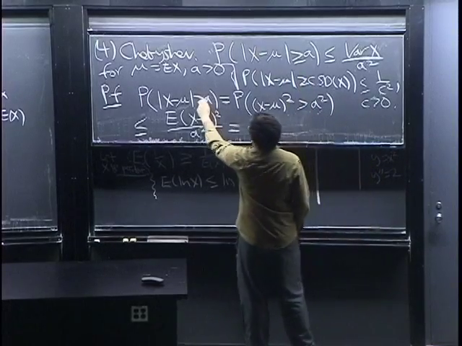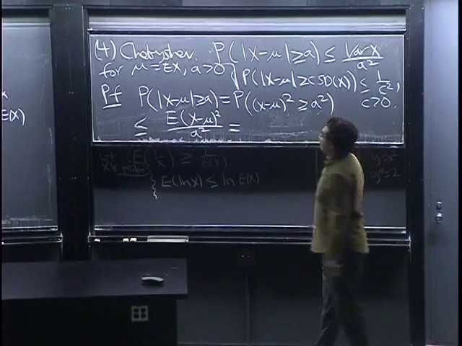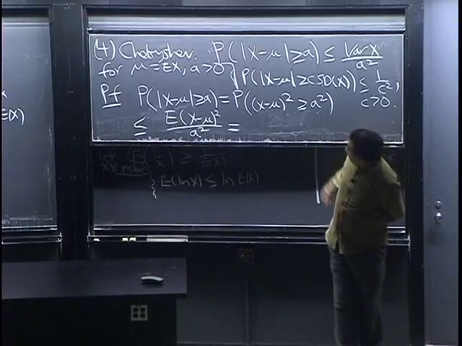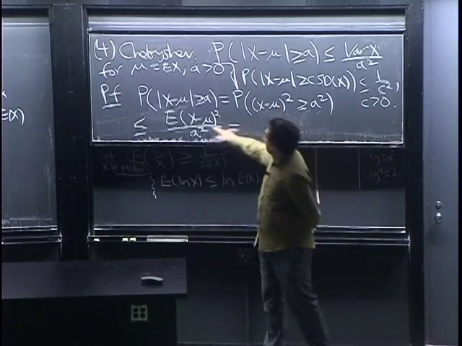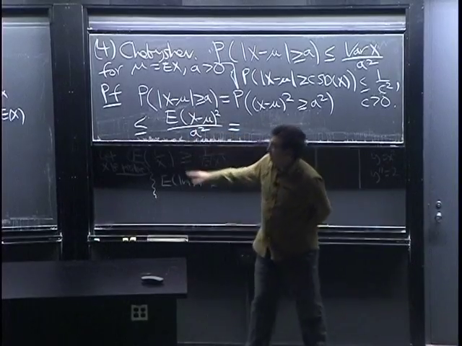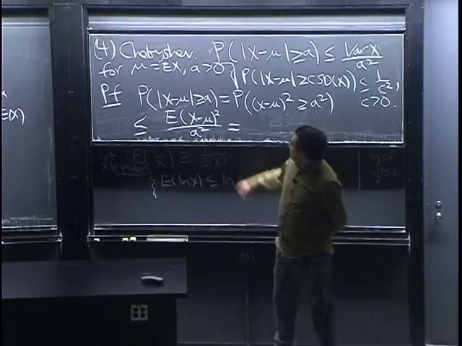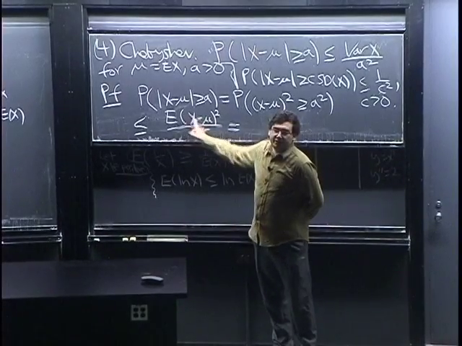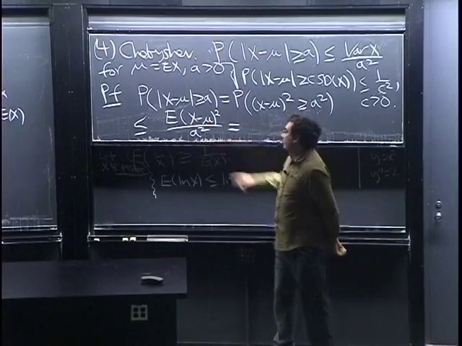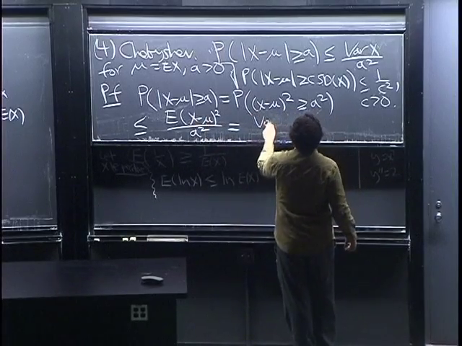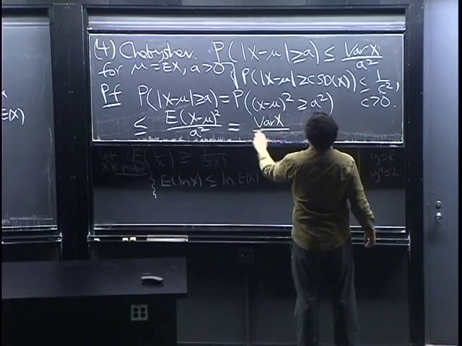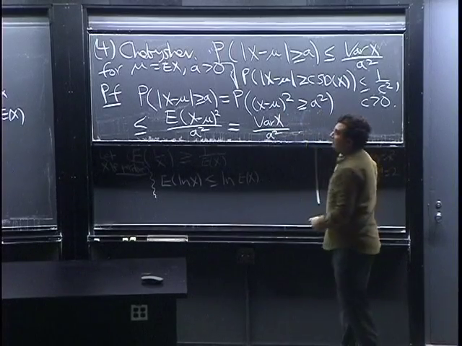It's still true either way, but I'll write it with greater than or equal. Markov's inequality says it's less than or equal to this, right? Just immediately applying Markov's inequality there. But the numerator, that's just the definition of variance, right? So that's the variance of X divided by a squared, which is what we wanted.